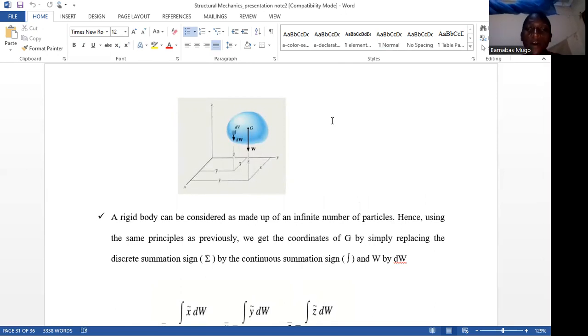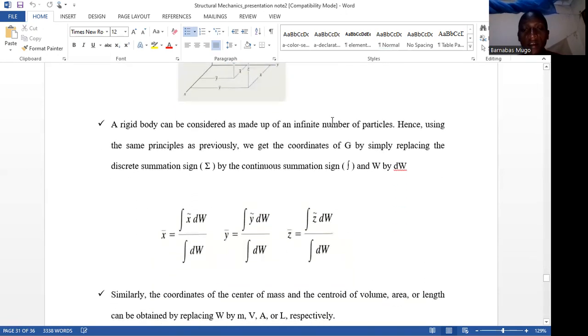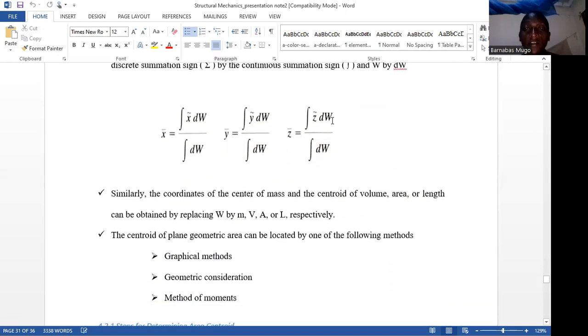Then a rigid body can be considered as made up of an infinite number of particles. Hence, using the simple principles as we have done previously, we get the coordinates of G by simply replacing the discrete summation with the continuous, as you can see from these equations.